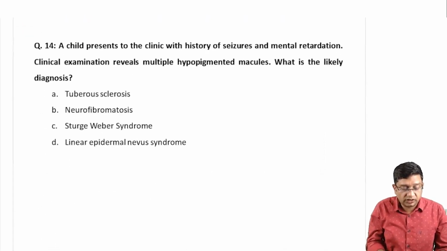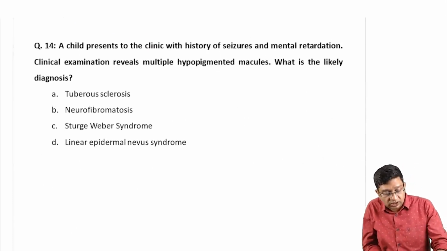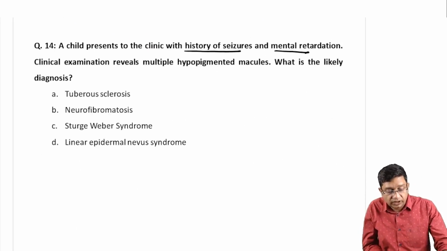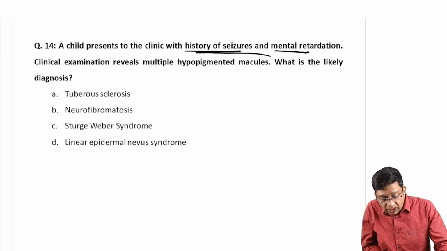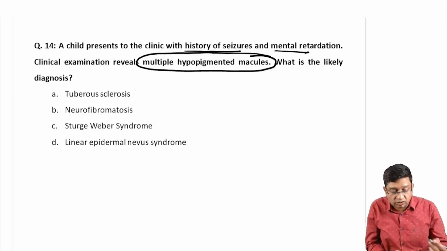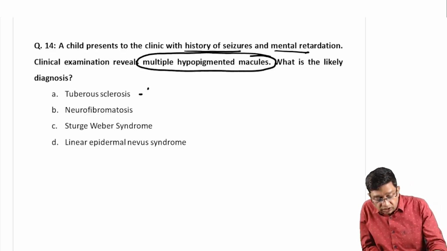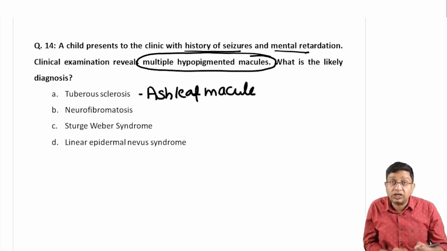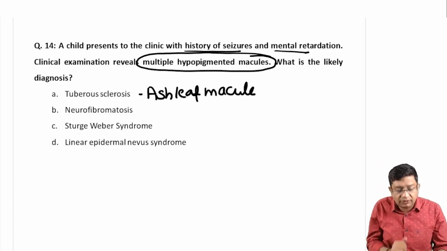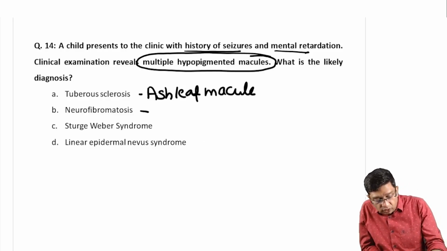Moving on to the next one. A child presents to the clinic with a history of seizures and mental retardation. It reveals multiple hypopigmented macules. In tuberous sclerosis, there is ash leaf macule, which is hypopigmented, and they can very well present with seizures.